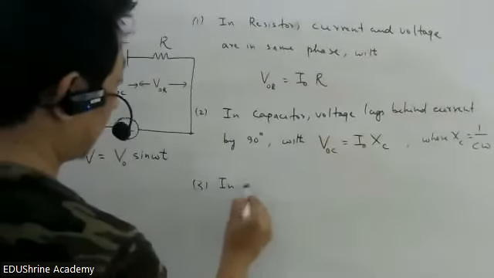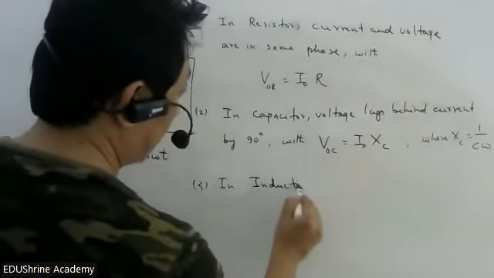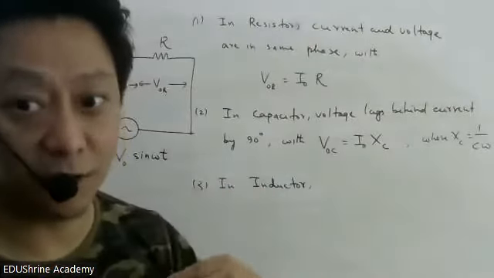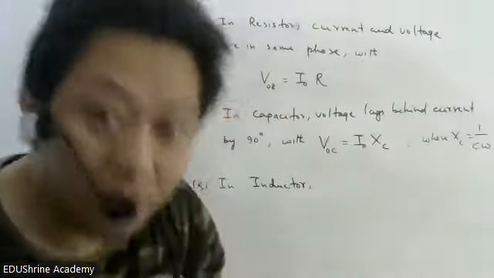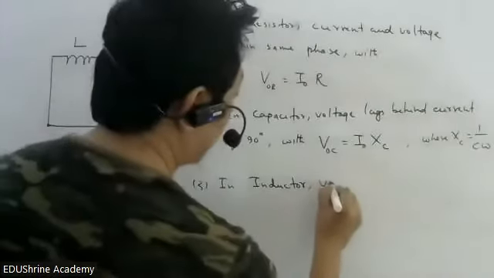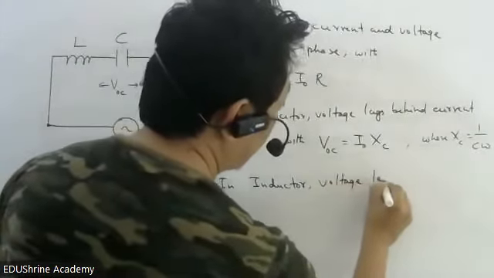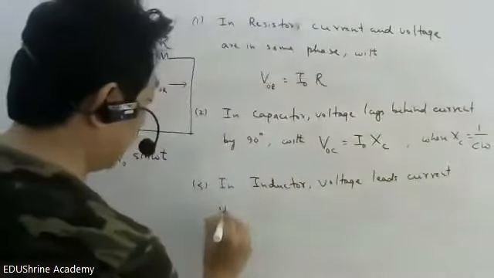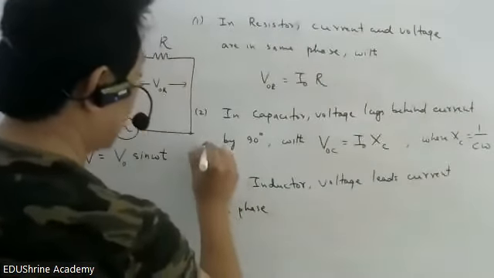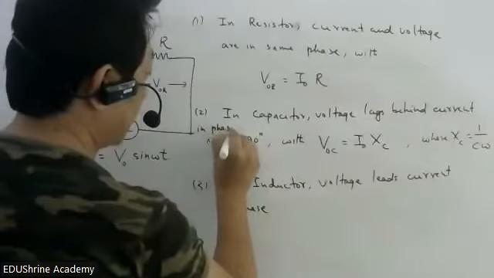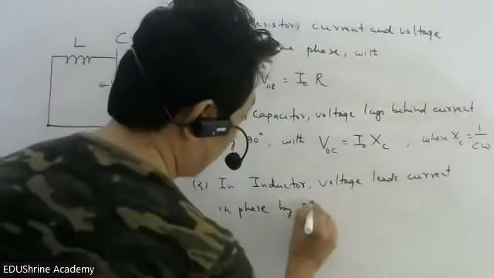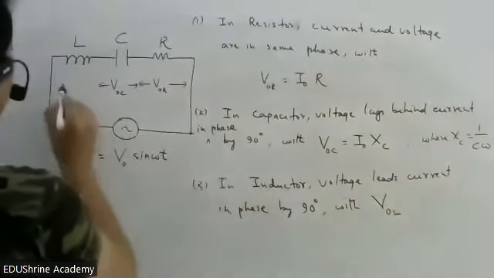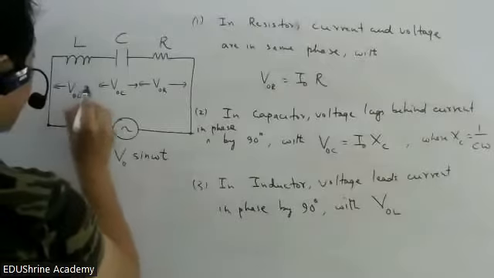Number 3, in inductor, the way we derived was current lags behind voltage, which means voltage leads current in phase by 90 degree, with V naught L. V naught L means peak voltage across inductor.